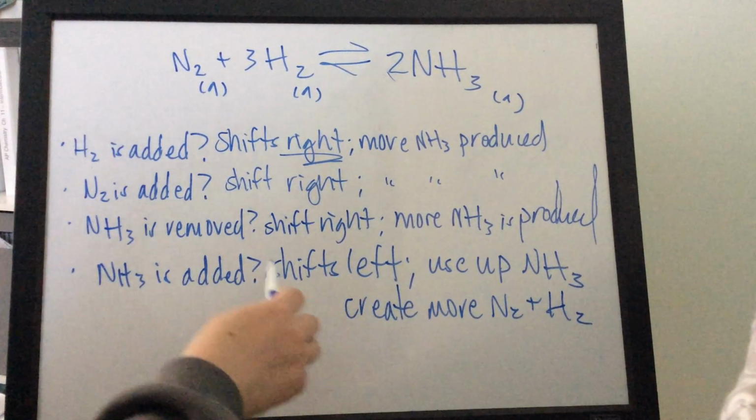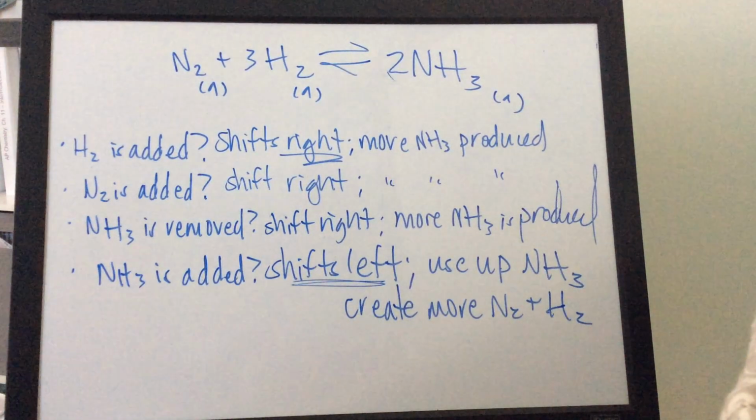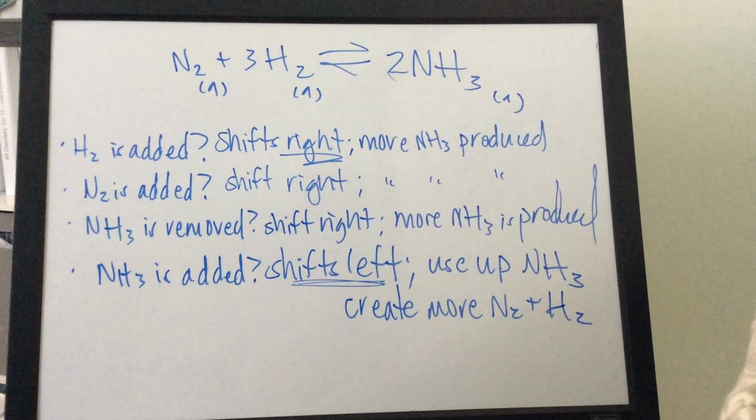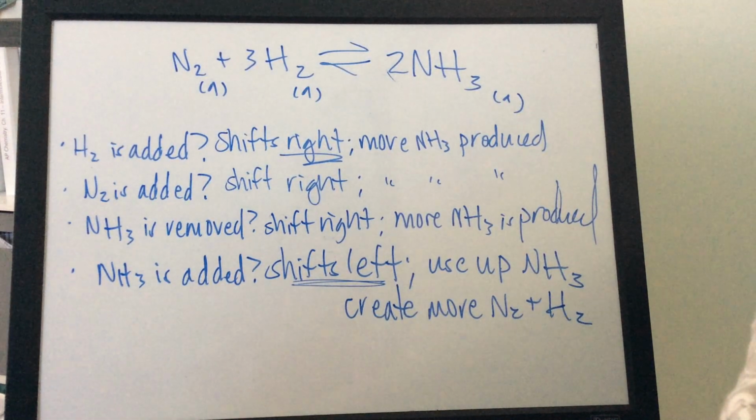Now this is the answer, right? But this is kind of the why part. And at this point in our discussion, I think it's important that you know why that is occurring.